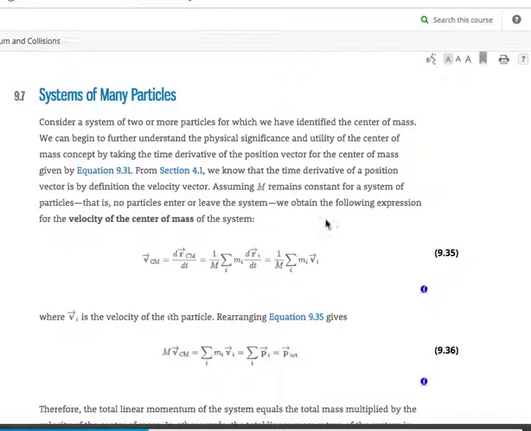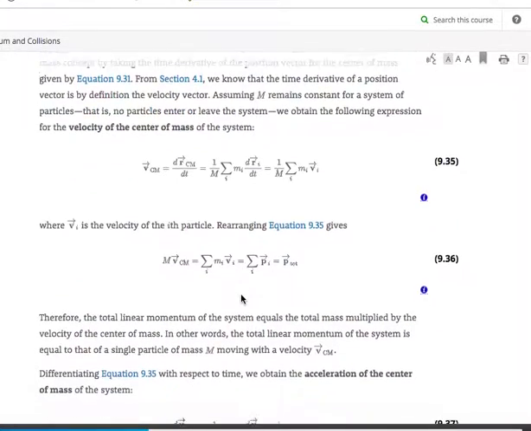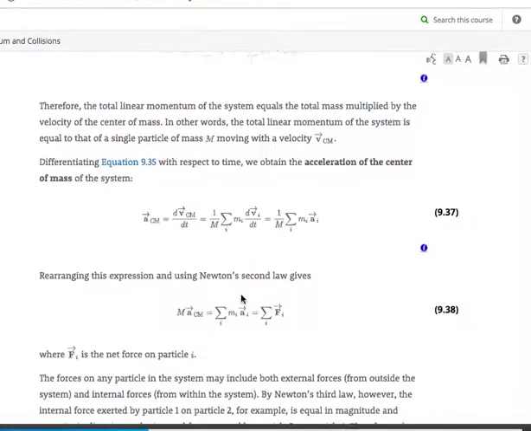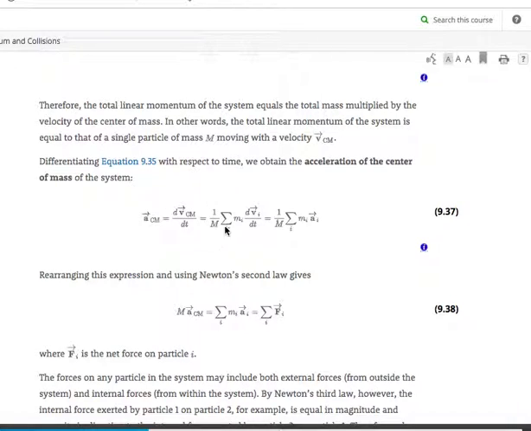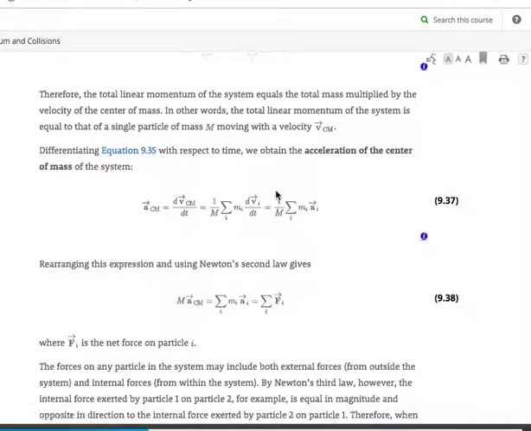If you have a number of different particles, the velocity of that whole system would be the velocity of the center of mass of the system. And the acceleration of the whole system would be the acceleration of the center of mass of the system.